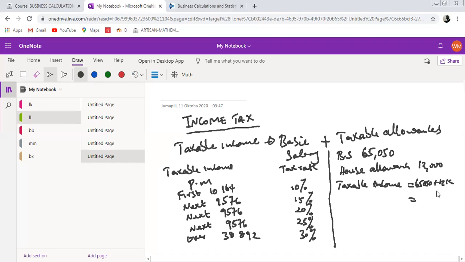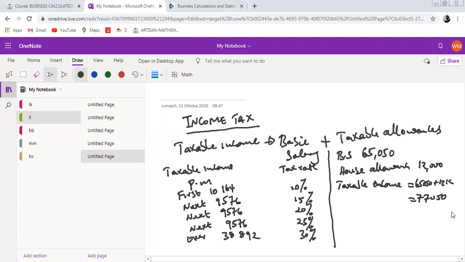The taxable income of this person is 77,050. This is the amount of income that we are going to subject to taxation.